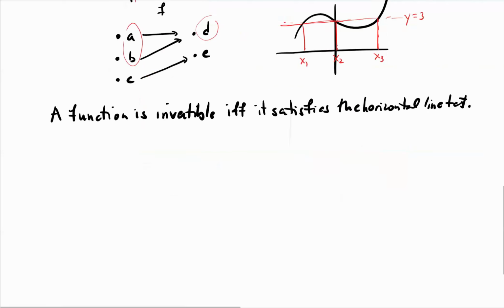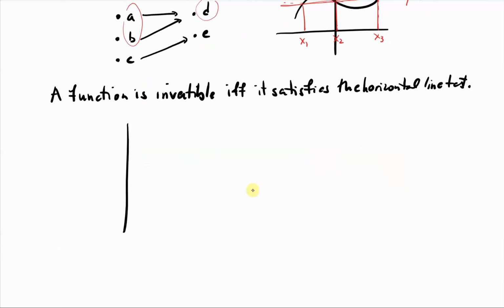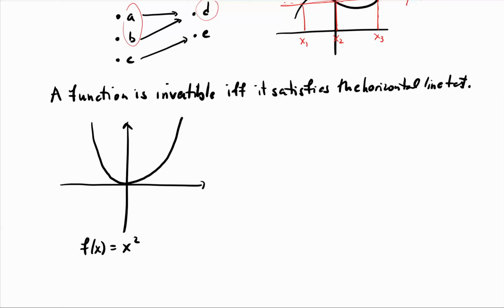If I look at the function f of x equals x squared, for instance, it fails the horizontal line test. So this is not an invertible function.